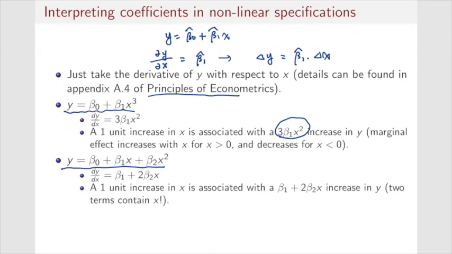For the quadratic form, if we take the partial derivative with respect to x, we have beta 1 plus 2 beta 2 x. So it means a 1 unit increase in x is associated with a beta 1 plus 2 beta 2 x increase in y.